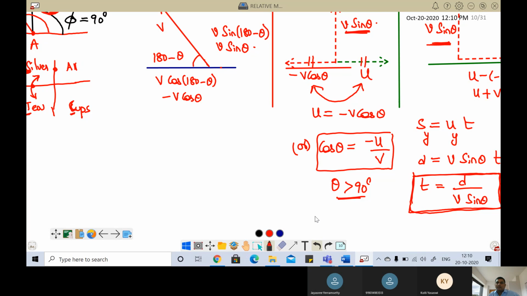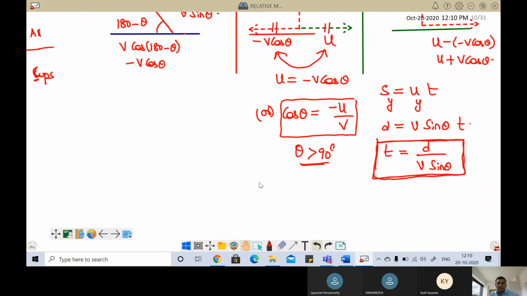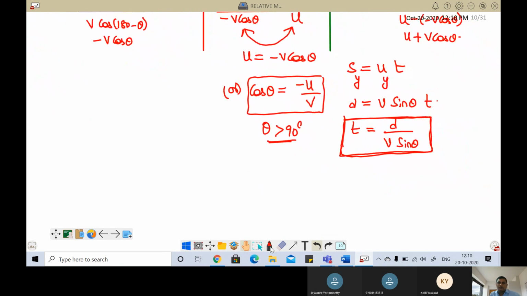Now we want to find out the time. Sin theta I want. Cos theta I already know, and there is one trigonometric relation: sin square theta plus cos square theta is equal to 1. This is a basic trigonometric relation. So if I want sin theta, first I send cos square theta to that side.